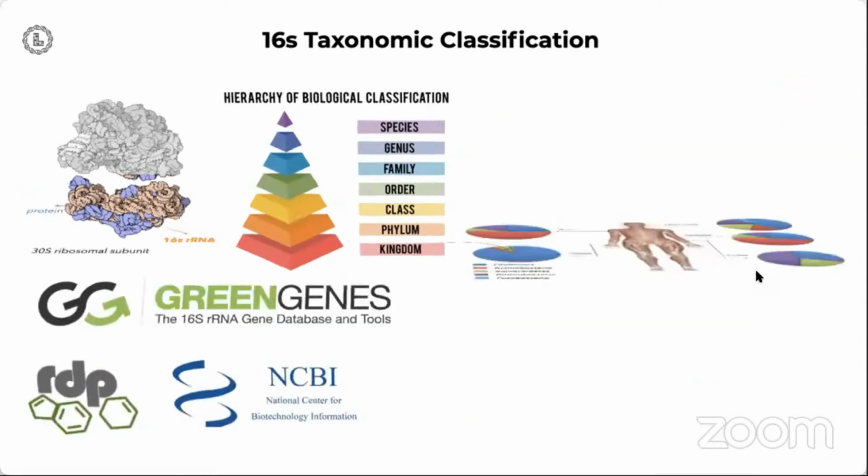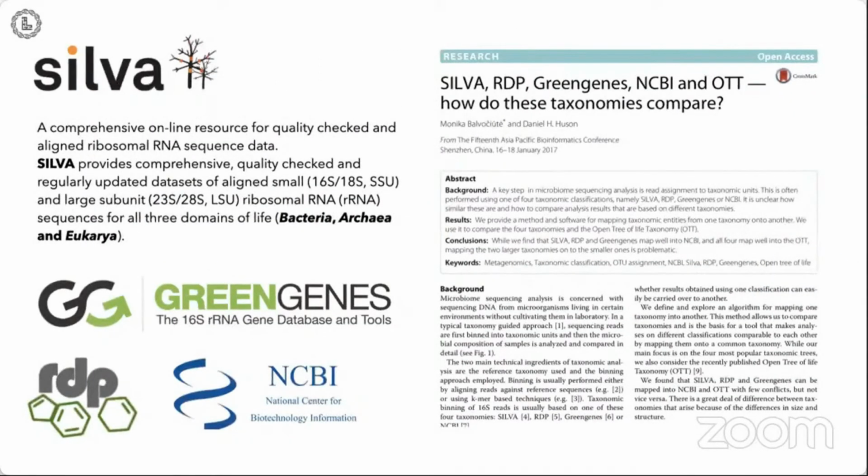So this is usually done by annotating or mapping these OTUs or ASV sequences to a reference database. And these reference databases can include the Ribosomal Database Project or repositories such as Greengenes or the Silva database.